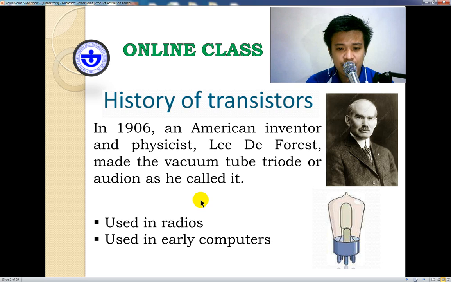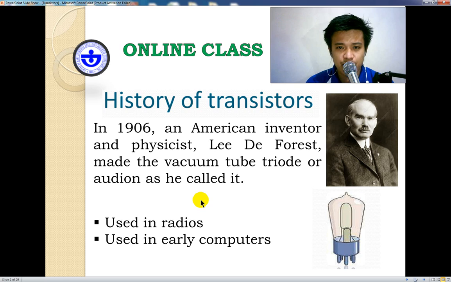This device at that time was used mainly for radios, and it was also used for the early computers, because our early computers had these bigger parts. They had vacuum tubes, and those were our previous computers.